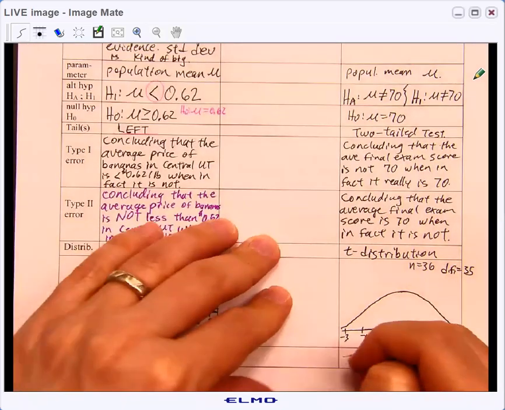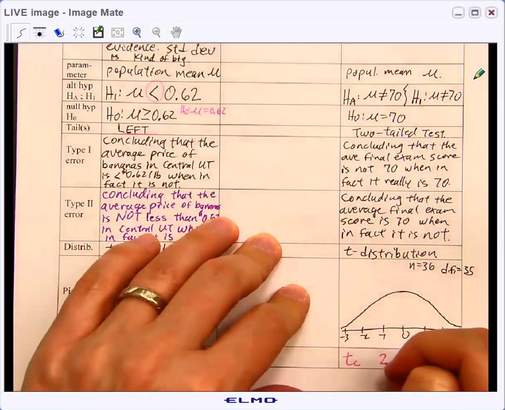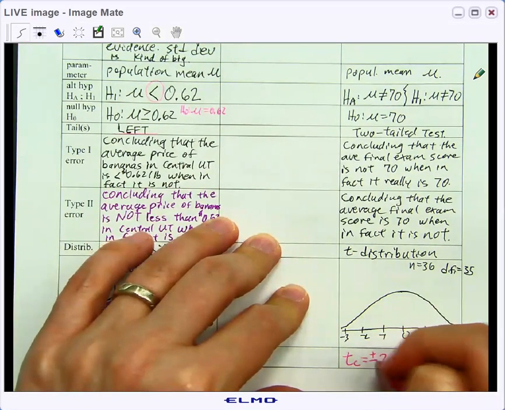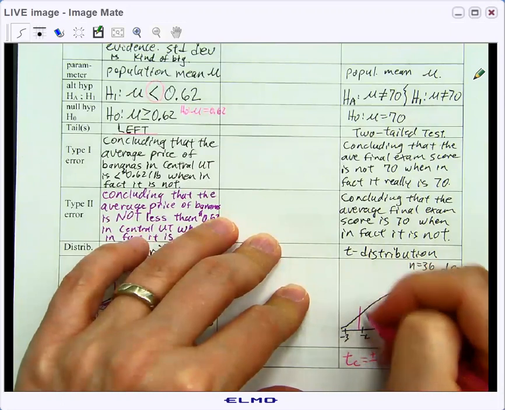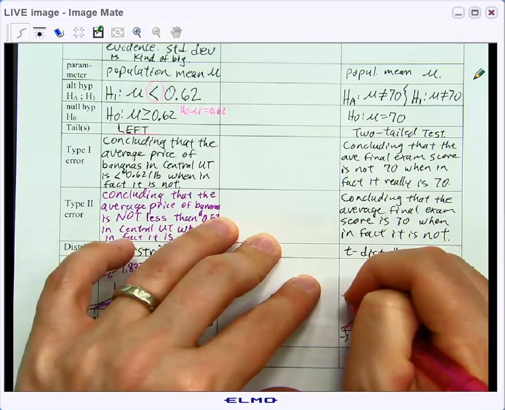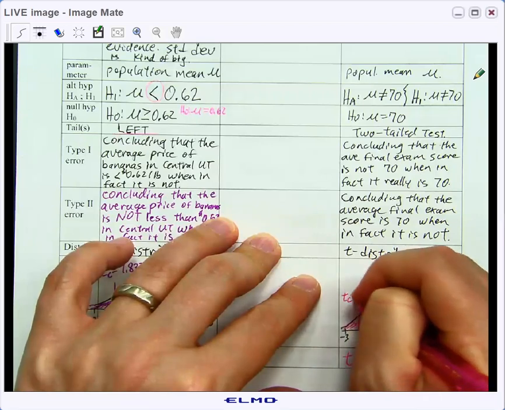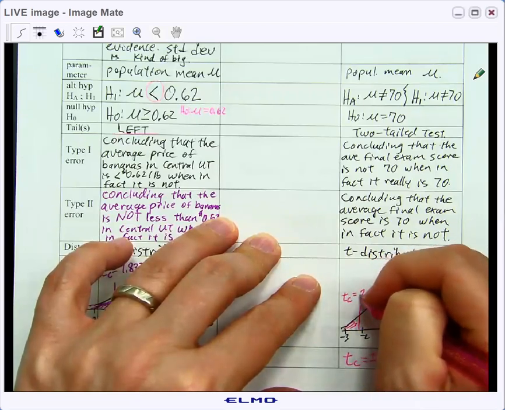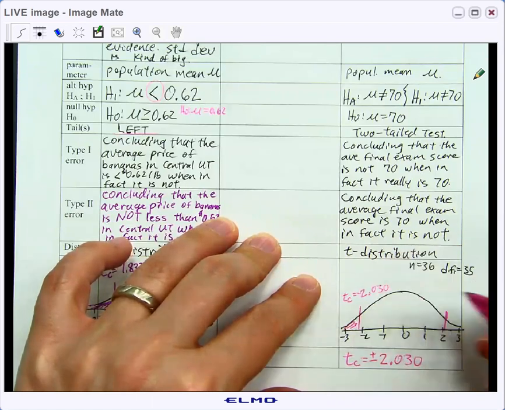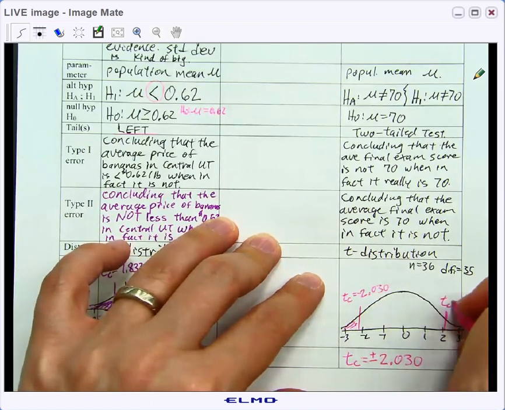So our critical value, actually its critical values, are plus and minus 2.030. Okay, and so we mark those t sub c. The c helps us remember that that's the critical value, of negative 2.030 and positive 2.030.